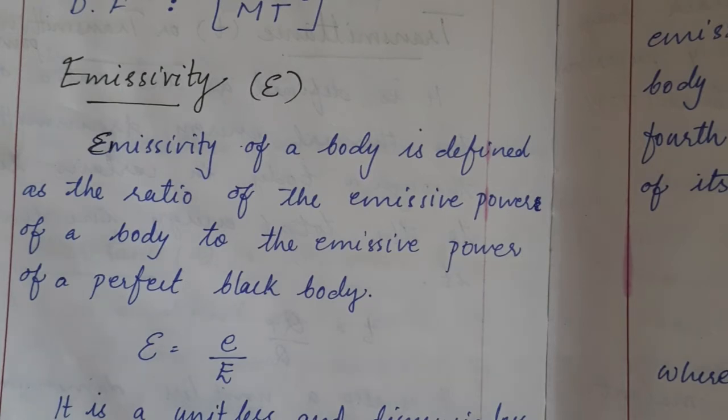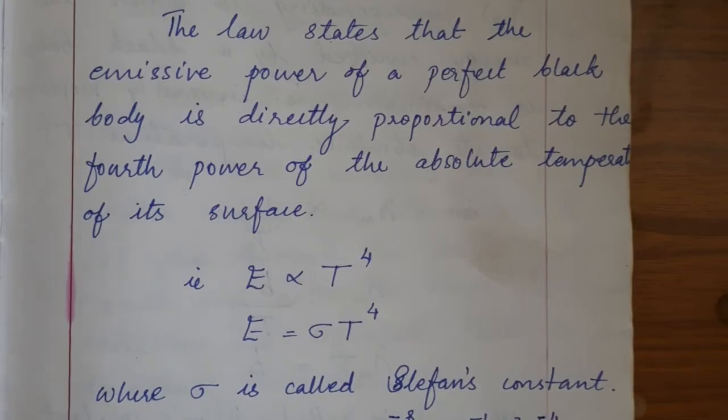Related to the emissive power of a perfect black body, there is a law that is called Stefan-Boltzmann law. Stefan-Boltzmann law gives a relation between the emissive power of a black body and the temperature of its surface.